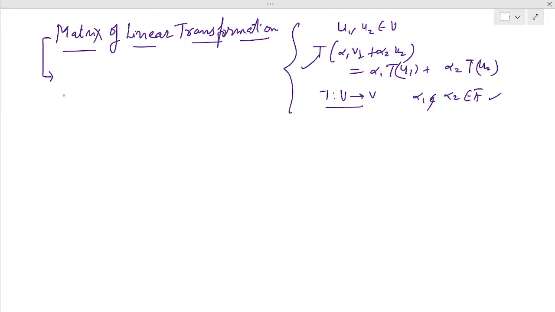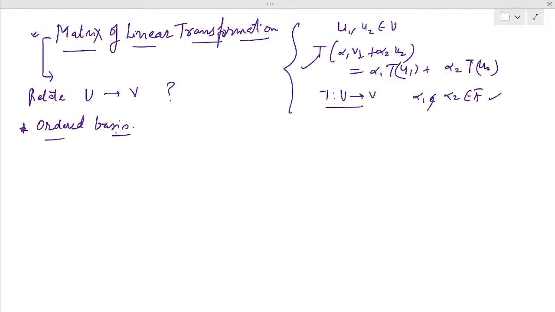If I want to relate the basis of U with the basis of V, how to do that? That is done via the matrix of linear transformation. But one of the most important things to keep in mind is that the basis should be ordered. This is the main requirement. Yesterday I messed up one question by replacing the order of the ordered basis.